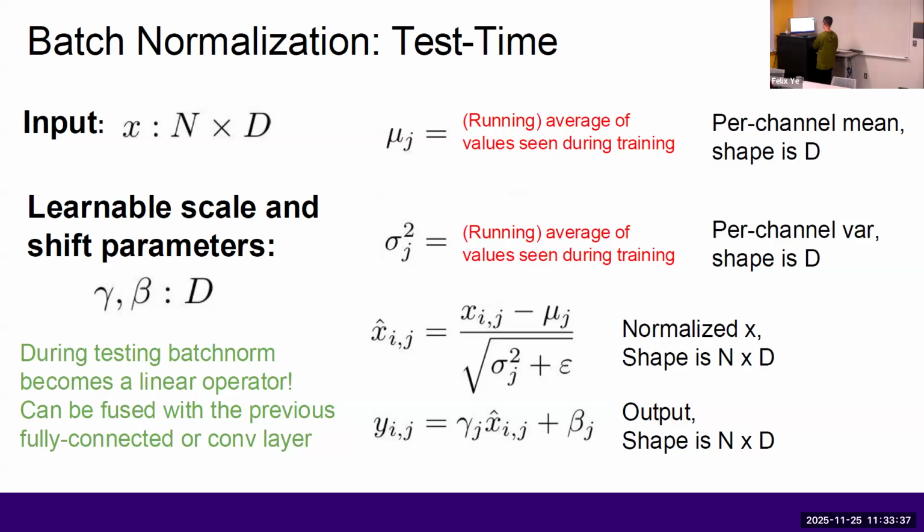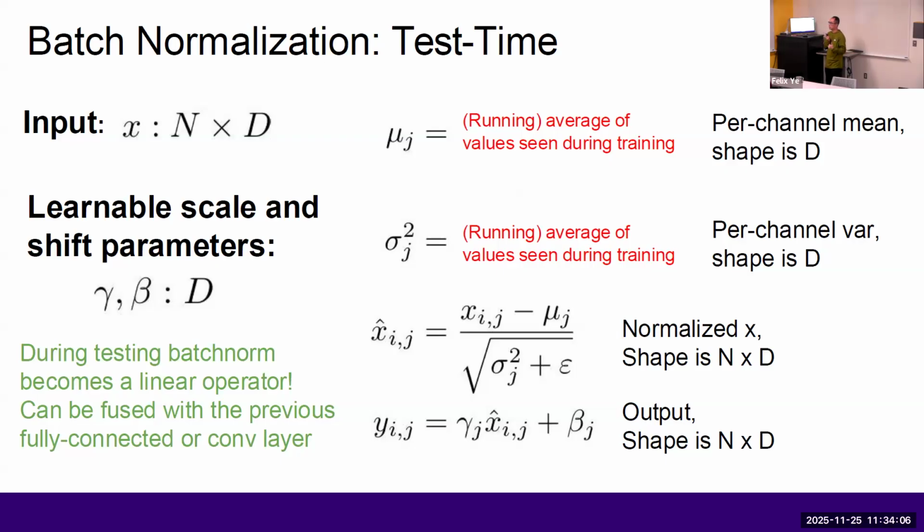During training, we keep running averages of the means seen during training, and the same for the variances. However, during testing, this purely becomes a linear operation, with mu and sigma fixed. So batch normalization is a slightly different idea in training and testing.